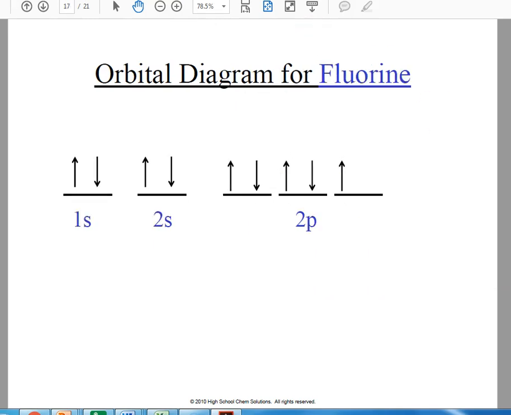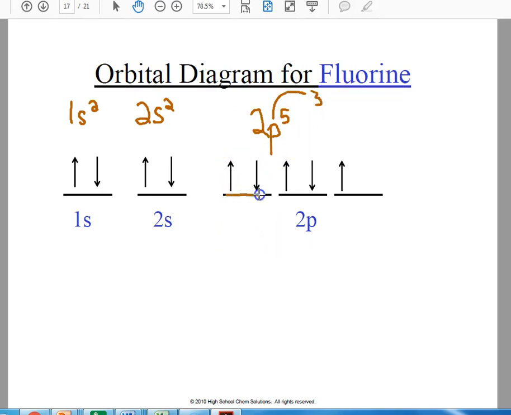All right, what about fluorine? So we saw earlier that fluorine is 1s2. So there's the 1s with its 2 electrons, opposite spins, 2s2, so there's the 2s with its 2 electrons, opposite spin, and 2p5. Now we said just a second ago that p has 3 sublevels.